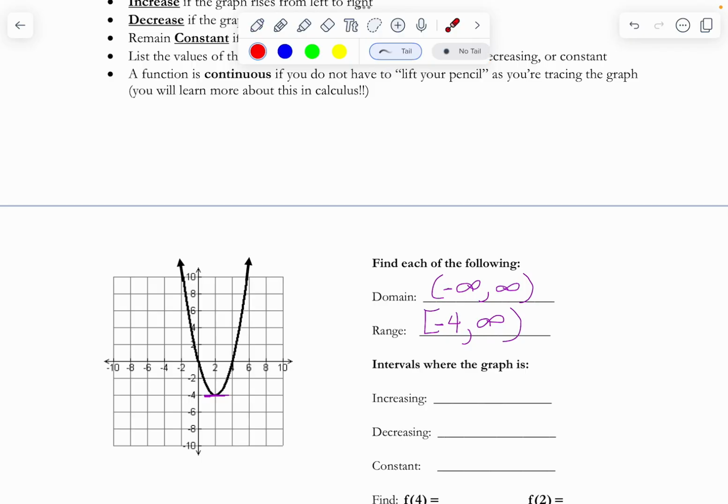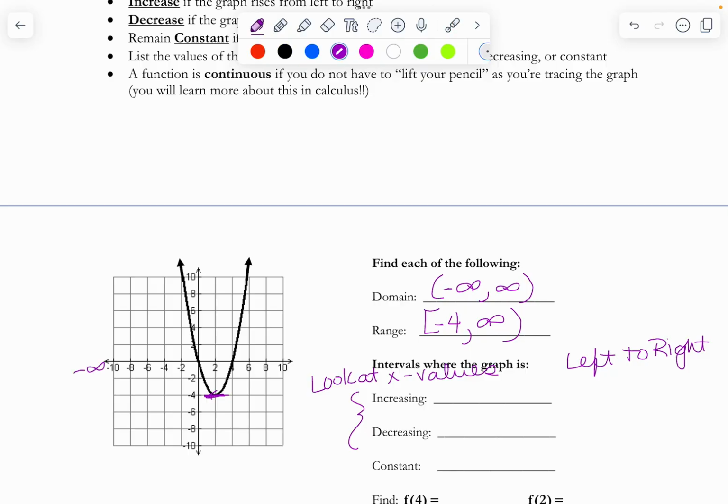Now, for increasing and decreasing, I always look at my x values. So you just look at x values, and I go from left to right, just like reading. Don't worry about how the arrows look on the graph. So remember, I have negative infinity to positive infinity for my x's.